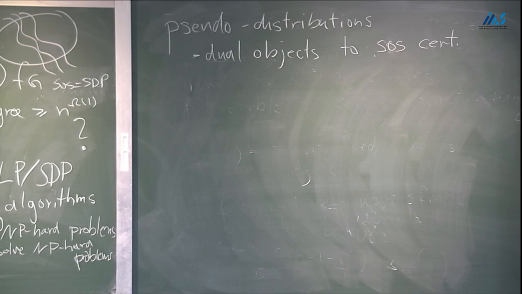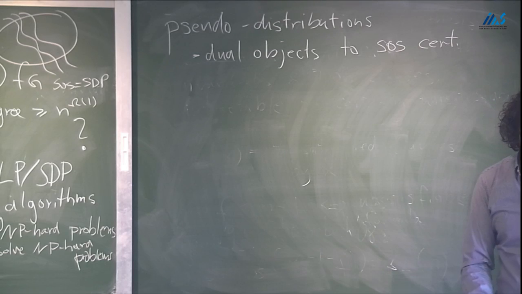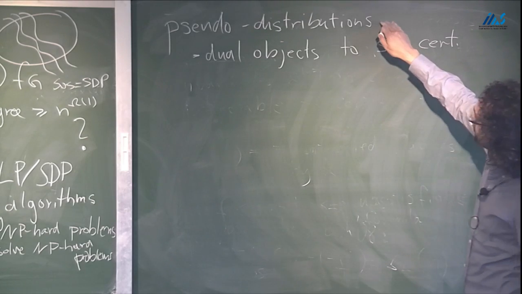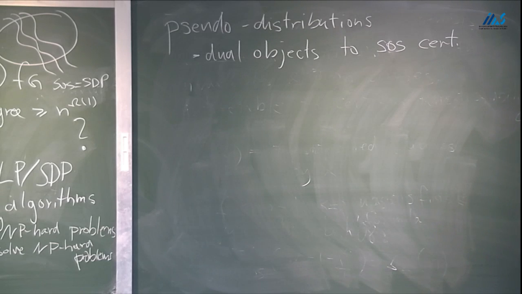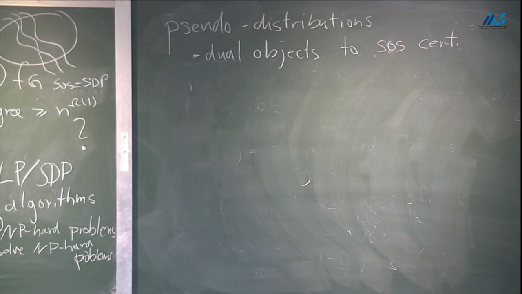So if you try to say what are your probabilistic beliefs, but your computational resources are bounded, these pseudo-distributions are one way to formalize this. Another way to think about this is that it's a generalization of probability theory where you allow negative probabilities, but the negative probabilities are such that a computationally bounded agent cannot detect them.